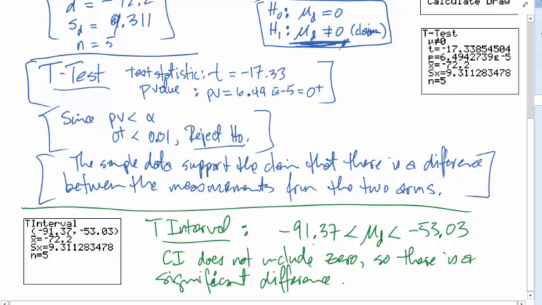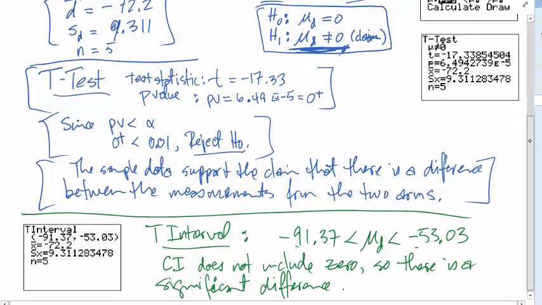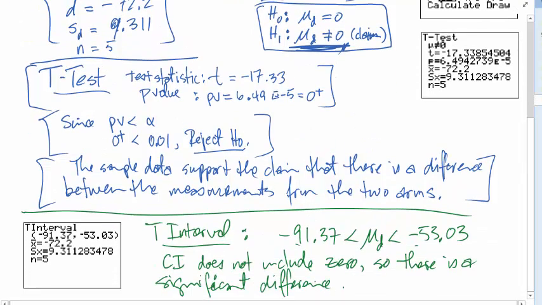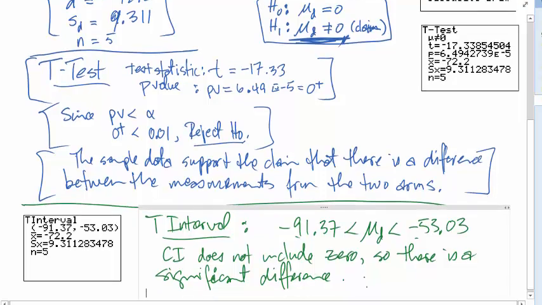Furthermore, we can see that the confidence interval stayed to the negative side, and if we look at this, we have the first population, the right arm minus the left arm numbers, and since this is negative, the left arm numbers must be larger. So we can also add that to our conclusion.